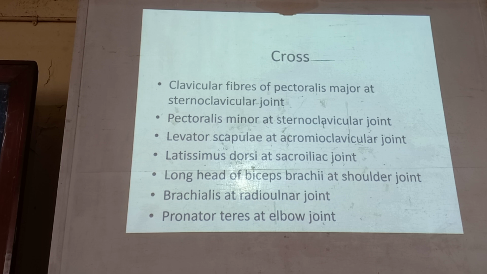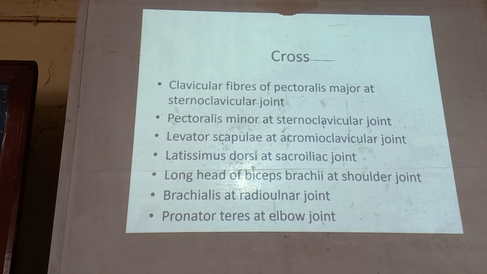Whereas sternal fibers of pectoralis major, origin sternum, insertion humerus. From sternum, if you want to reach the humerus, you go from sternum to clavicle, clavicle to scapula, scapula to humerus. So sternal fibers cross 3 joints. Is it clear? There are some fibers of the pectoralis major which arise from the costal cartilages, the sternocostal fibers.